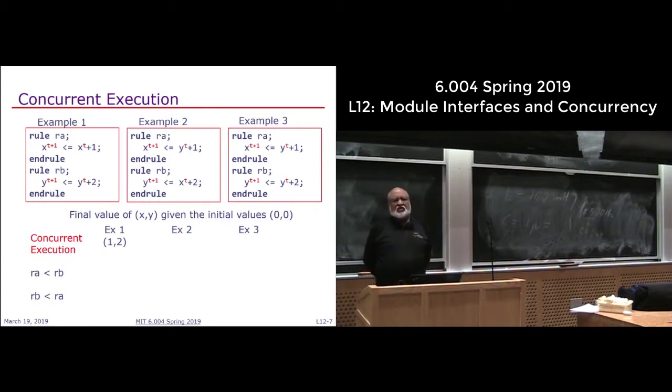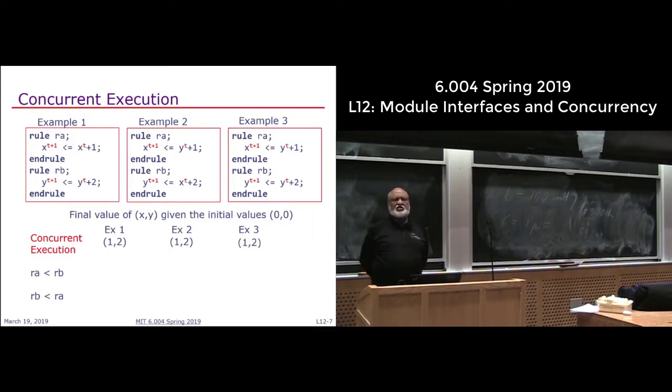What about the second one, example 2? You do the substitution for x(t) and y(t) on the right hand side, you evaluate the things, and it turns out in this case that also will produce the same answer for concurrent execution of these two rules.